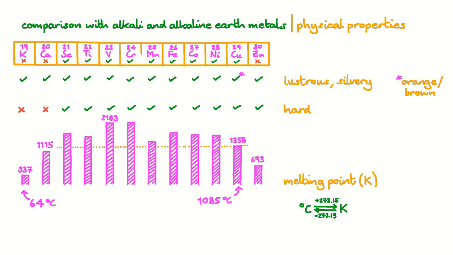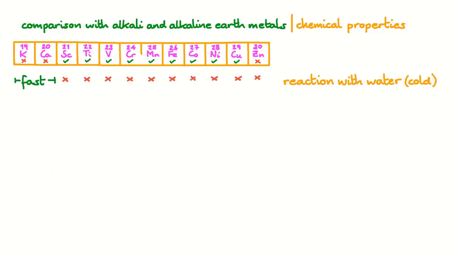The differences between the alkali and alkaline earth metals become even more dramatic when we look at their chemical properties. When potassium or calcium are added to cold water, we see fast, almost explosive reactions. However, none of the transition metals or zinc react directly with cold water. The rusting of iron is a separate process.